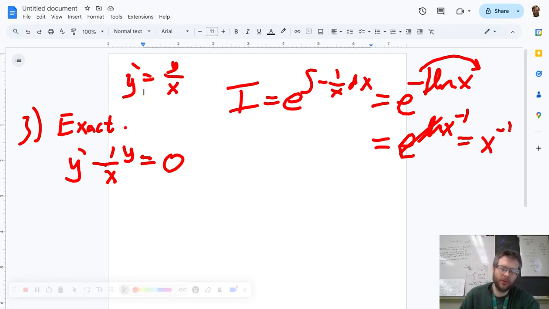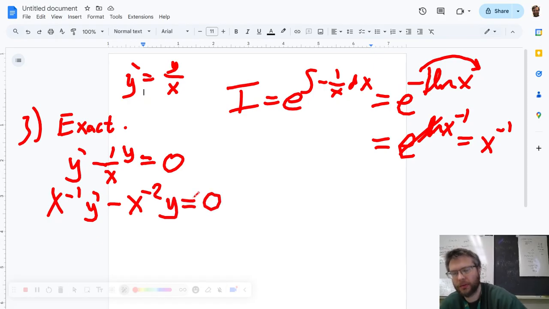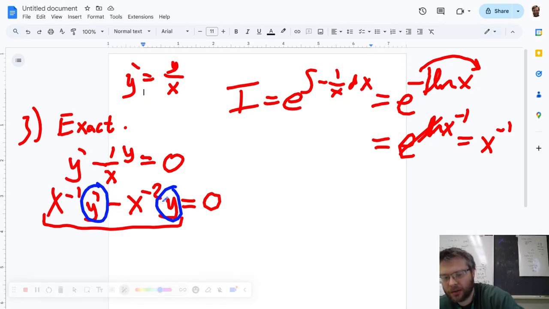The integrating factor is what we multiply our equation by to turn it into a product rule. So we multiply the equation: x to the negative 1 times y prime minus x to the negative 2 times y equals 0, because we multiplied by 0. You can notice that this left-hand side is a product rule. Right here we have f prime times g, and right here we have f times g prime.